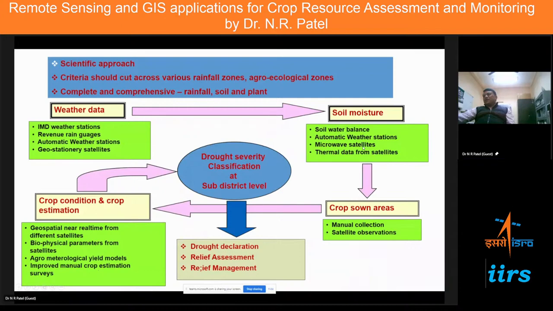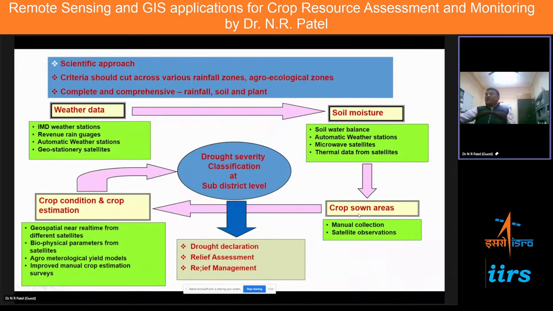Apart from that, microwave remote sensing satellite data has the capability to provide soil moisture. Nowadays we can also use thermal data to sense evapotranspiration as an indicator of drought. Then crop condition, as I said, from optical data, mainly NDVI, long-term NDVI or SWSI, the shortwave-based vegetation index, all are useful for crop condition assessment.